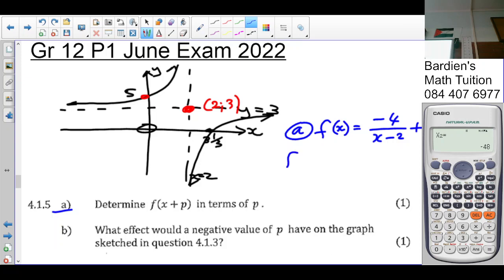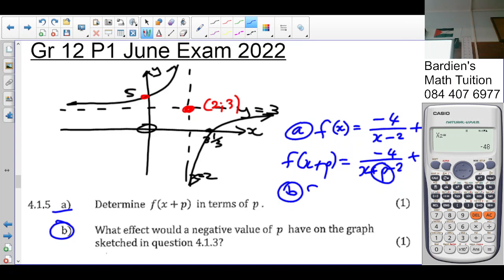So f of x plus p: wherever I see an x, I put x plus p. So x plus p minus 2 plus 3. In part B of the question, it says, what effect would a negative value of p have on the graph? So if p is negative, what's going to happen to this graph? It's going to move p units to the right.